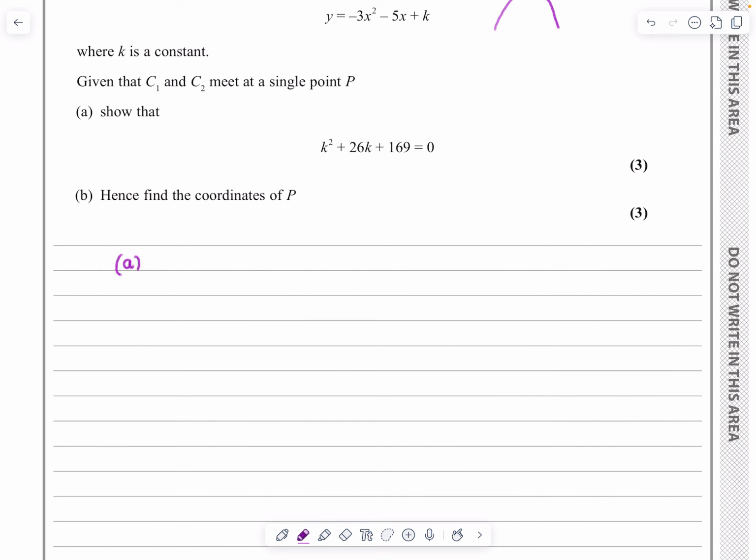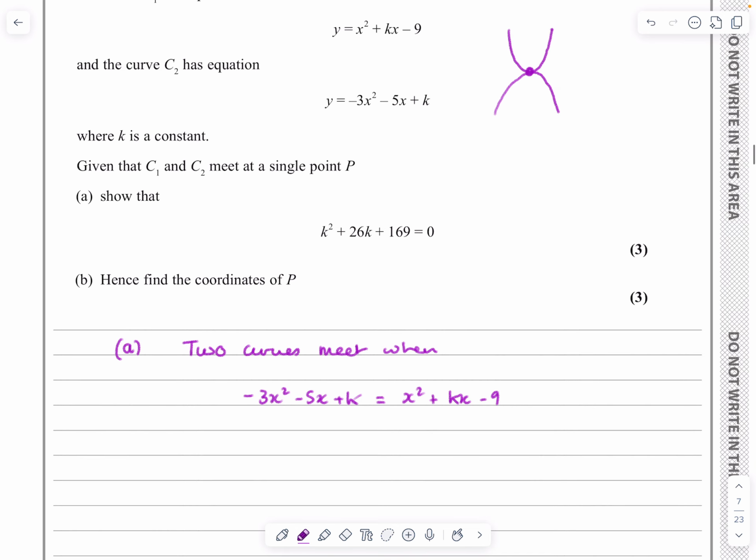Putting two curves equal to each other, we'll say for the examiner, the two curves meet when minus 3x squared minus 5x plus k equals the other one, which is x squared plus kx minus 9. So what I know is I'm going to have one root to this quadratic equation.